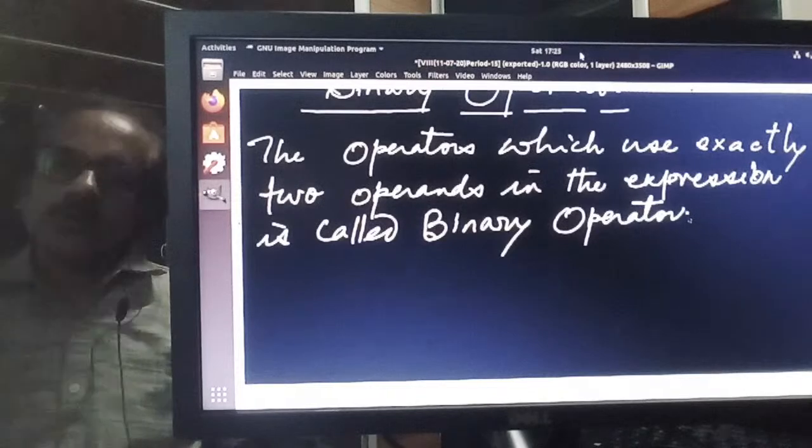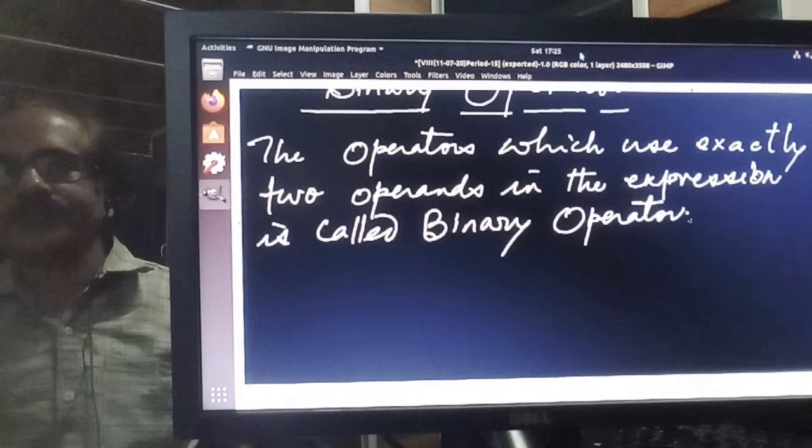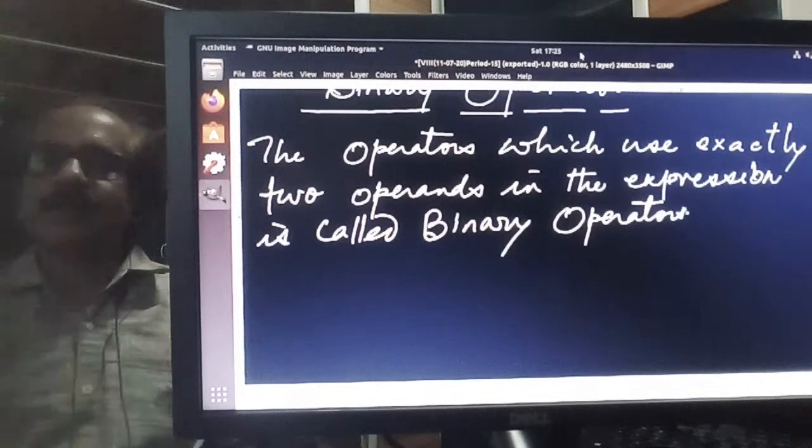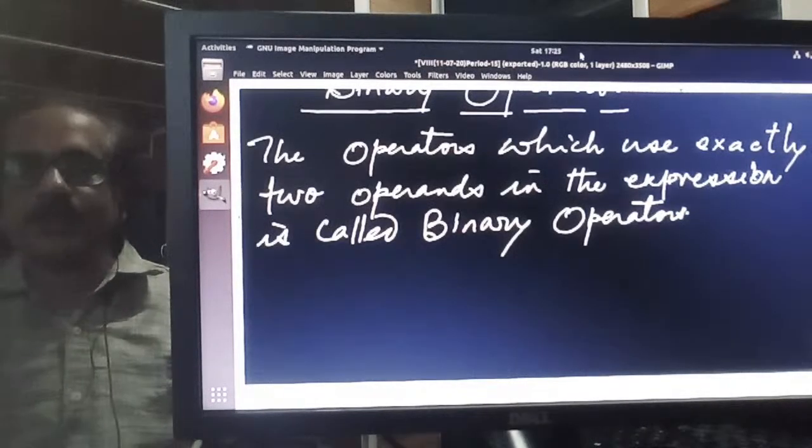And most of the operators used in Java are binary operators.